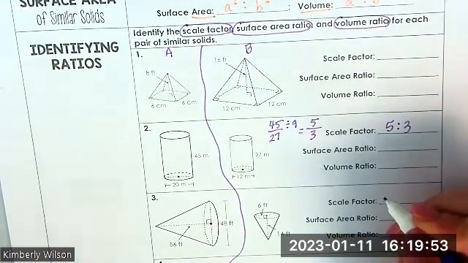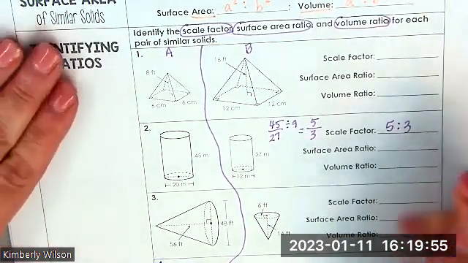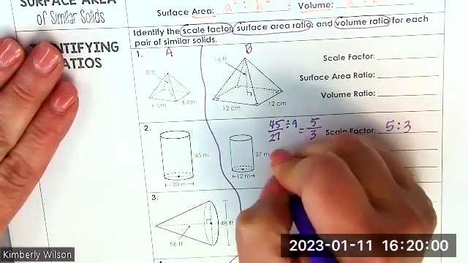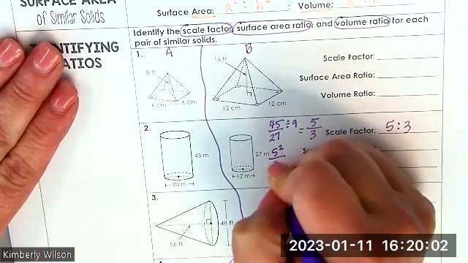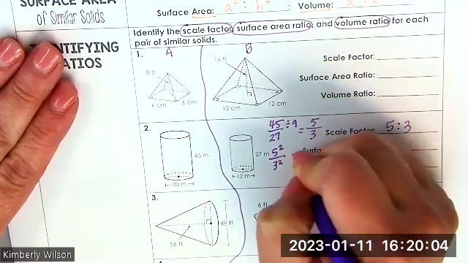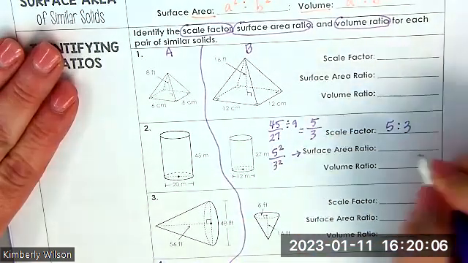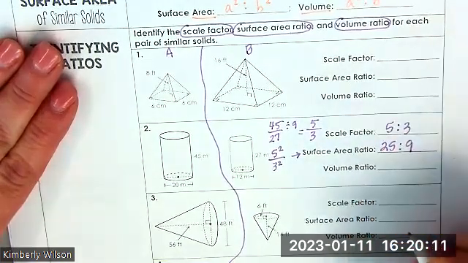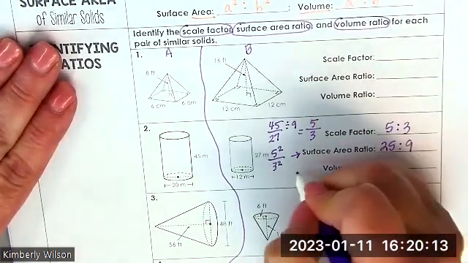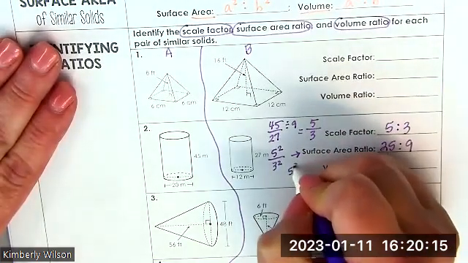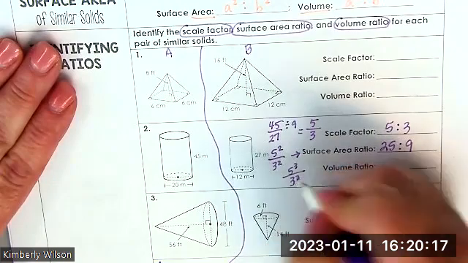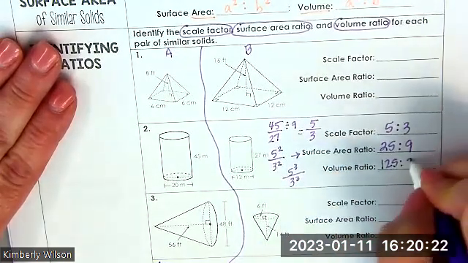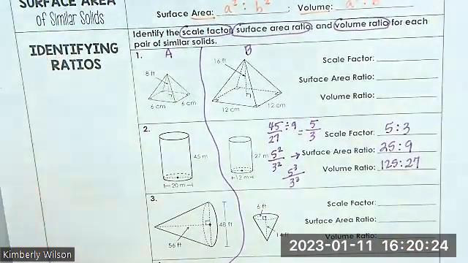Now, for the surface area ratio, I take this scale factor and square it. So 5 squared over 3 squared gives me 25 to 9. And for the volume, I do 5 cubed over 3 cubed, which is 125 to 27.